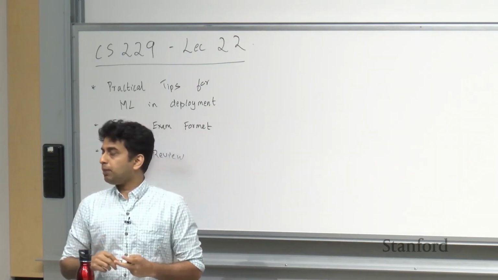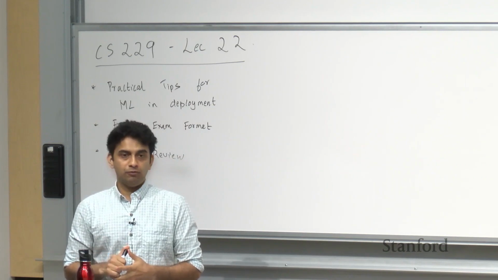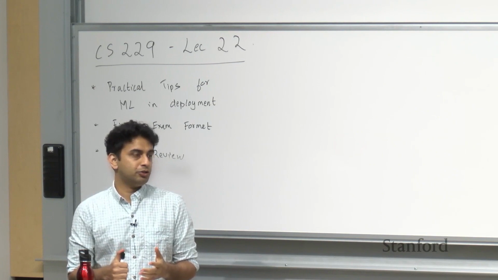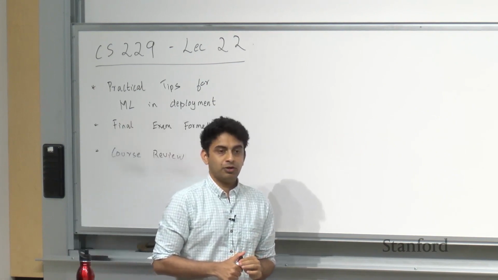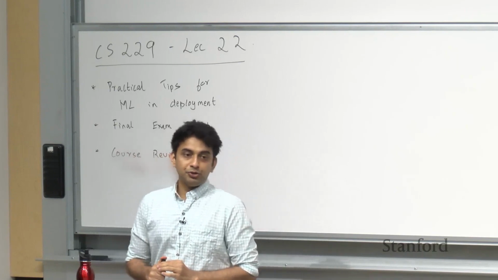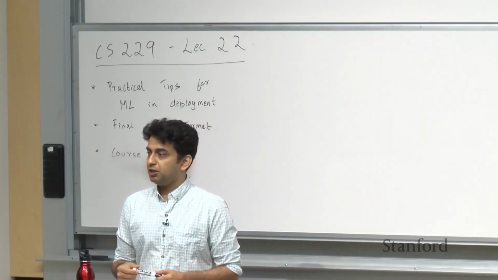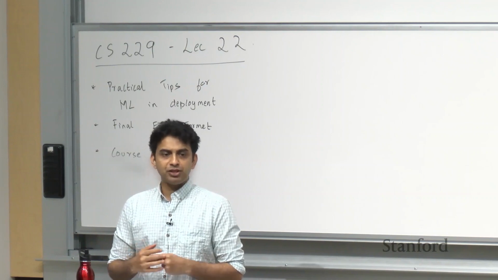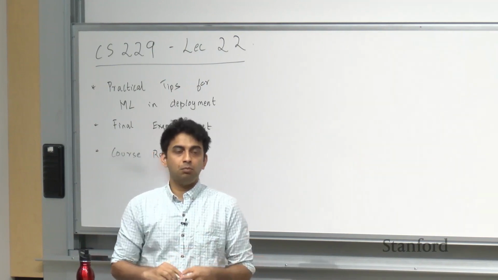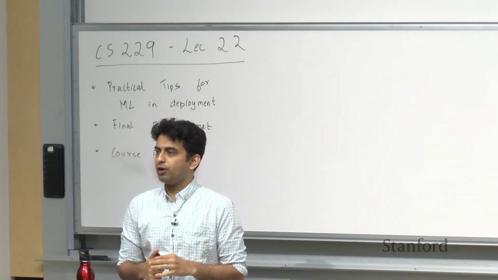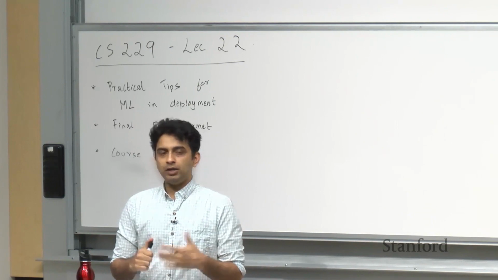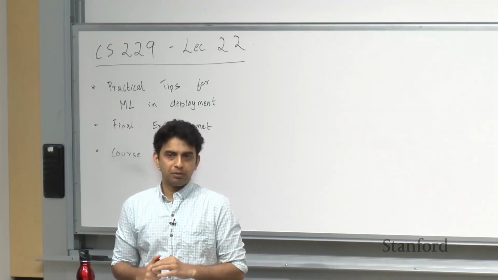If you're planning to build a machine learning model for a real life product, say you're working for a company or you want to start a new startup which uses some kind of machine learning model, the approach that you take towards building a real practical model is somewhat different from the kind of approach you would take for building a new algorithm to be published in a research paper, right?